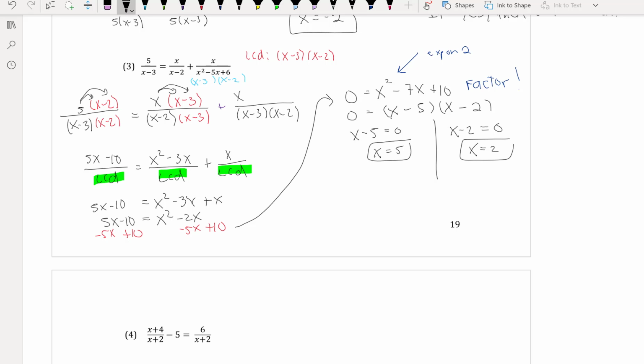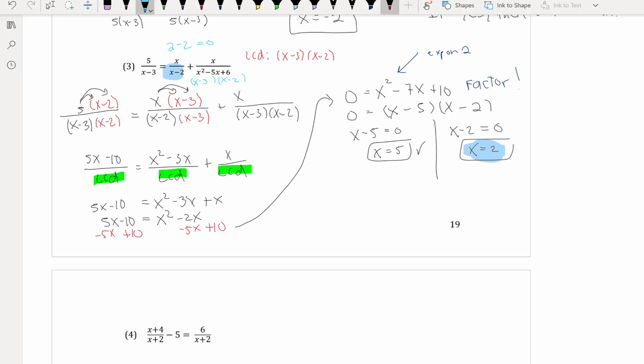And let's check the answer. If I were to plug 5 inside the denominator, that checks out. I'm fine. It does not give me a 0. Ooh, but look at this. If I were to plug in a 2, so notice how x is equal to 2. What happens when I plug it into this? Well, if I have 2 minus 2, that gives me 0.